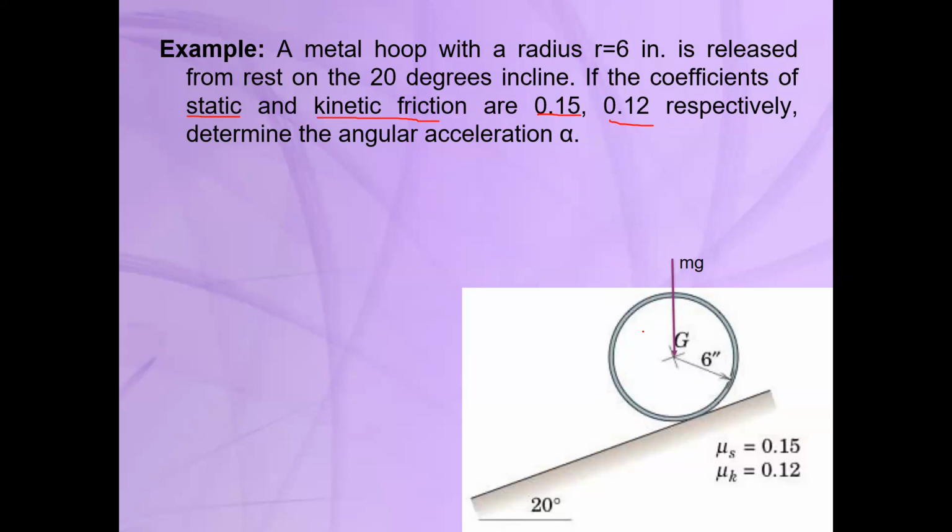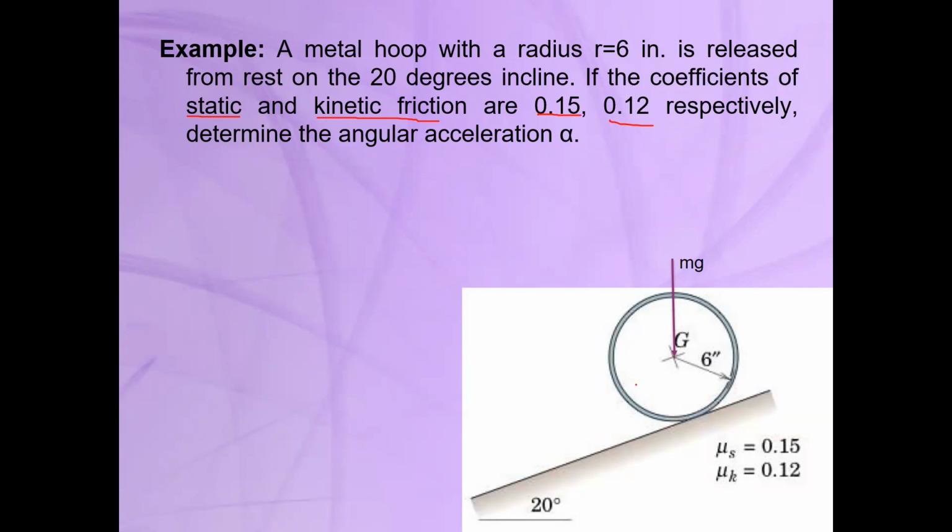So in this problem, as I told you, the first question is whether the motion is with slipping or without slipping. You need to make an initial assumption and solve the problem using it, and at the end of the calculation you can check your assumption.